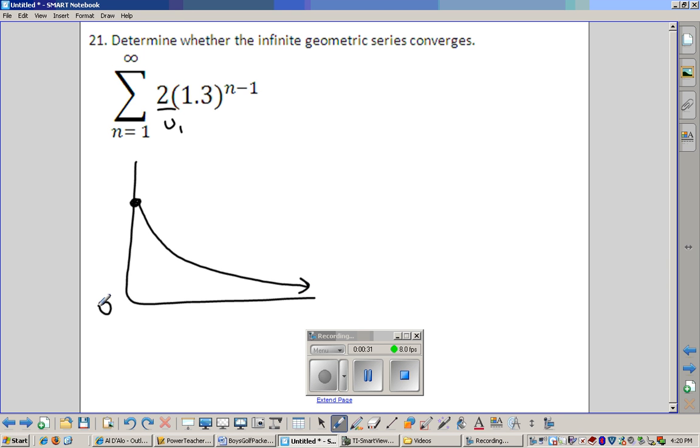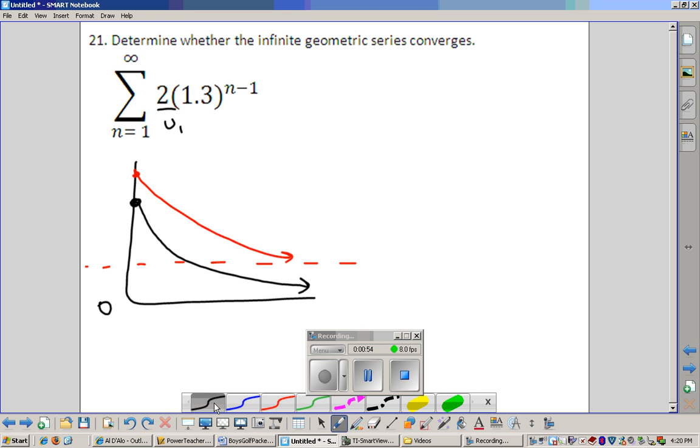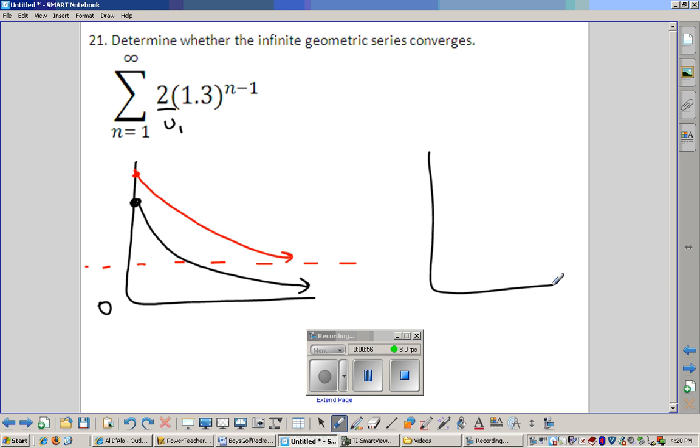Or does it come down and maybe level off at the number 1? Converging is it basically reaches a point where it doesn't get any smaller and levels off. Or, contrary to that, it could diverge, which would be it starts here and goes up forever, getting bigger and bigger.